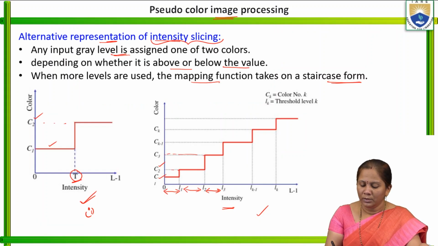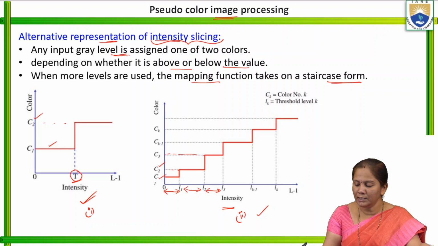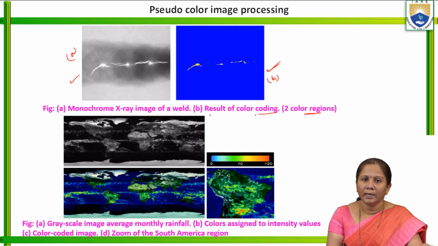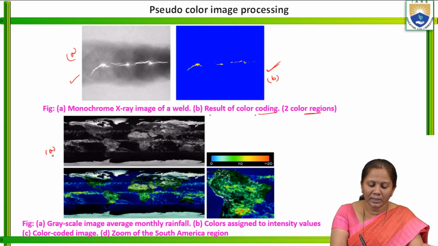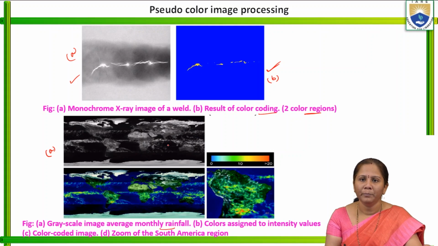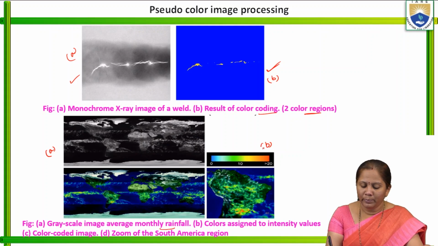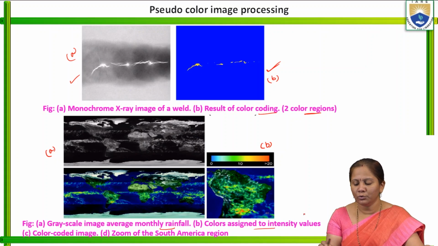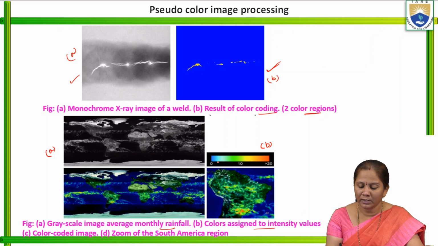And coming to this staircase image, which represents more number of colors, the second one is the example. The input we have considered is a grayscale image, which represents average monthly rainfall. This is B, which represents the color assigned to the intensity values. We can observe different colors based on different intensity values: 0 to 10 means shades of blue, green, about 10 yellow, shades of yellow and orange, red.